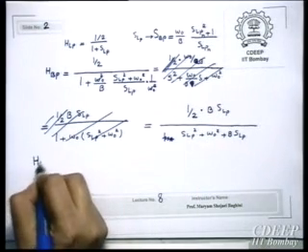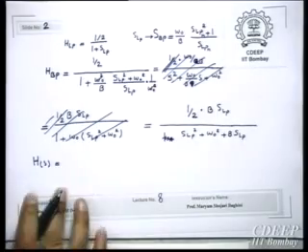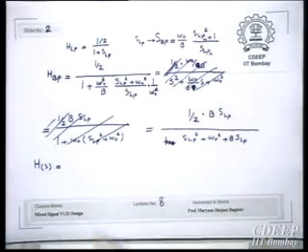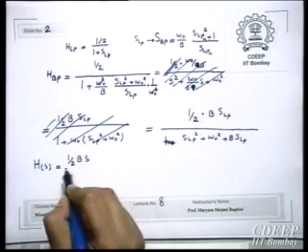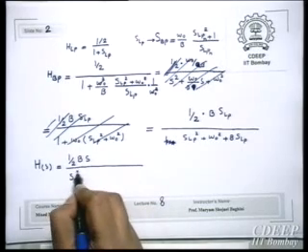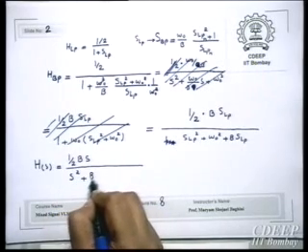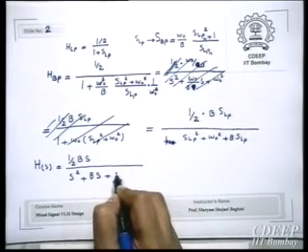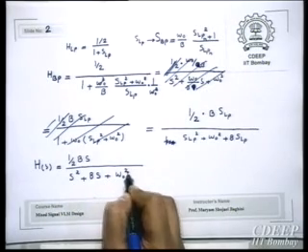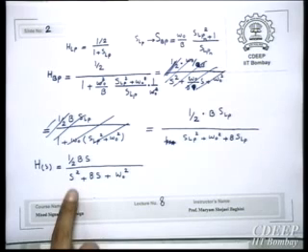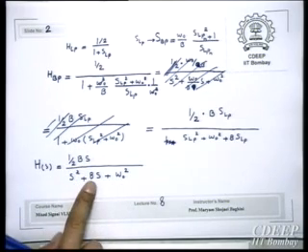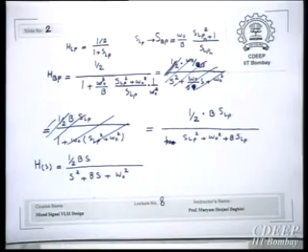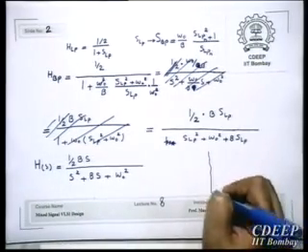Therefore, H(S) in general will be 1 upon 2 times B S upon S squared plus B S plus omega 0 squared. And at S equal to omega 0, it will be omega 0 times B over omega 0 times B, and B will get cancelled. It will be 1 upon 2. Therefore, we will get this.